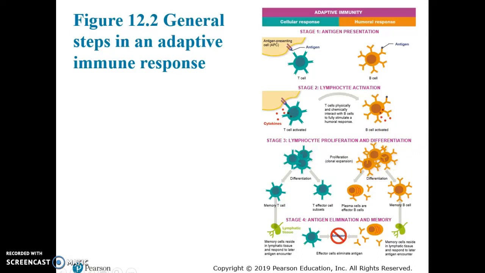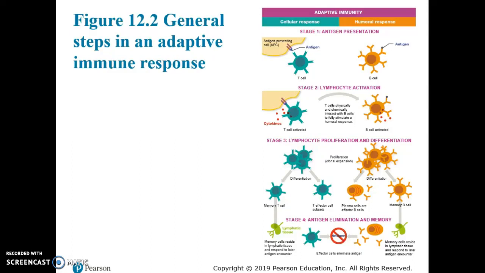The differentiation portion is becoming effector cells or memory cells. Both B cells and T cells can become a memory cell. We've got the memory B cell here, the memory T cell here. The effector cells are the type of cell that's actually going to do the work.